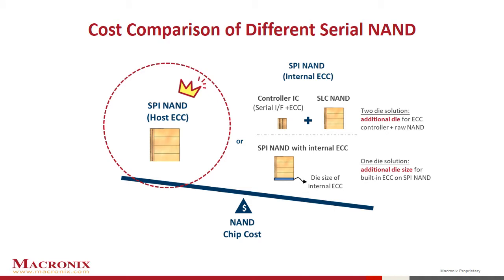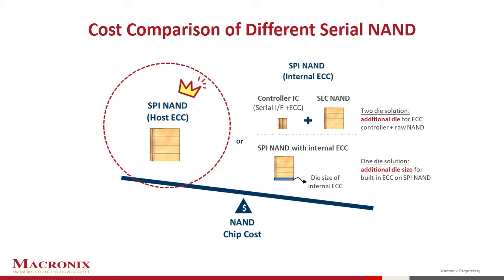Now let's look at the serial NAND design and cost a bit closer. Serial NAND devices are based on a standard parallel NAND die with additional control logic to emulate the serial interface and handle ECC. This is typically achieved in one of two ways.